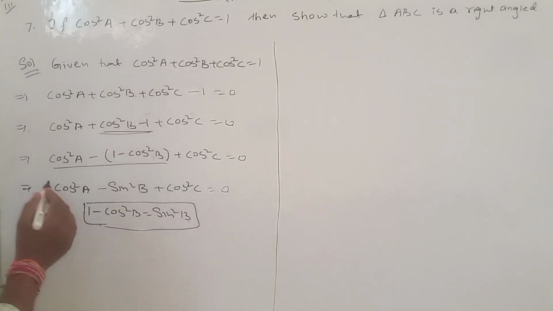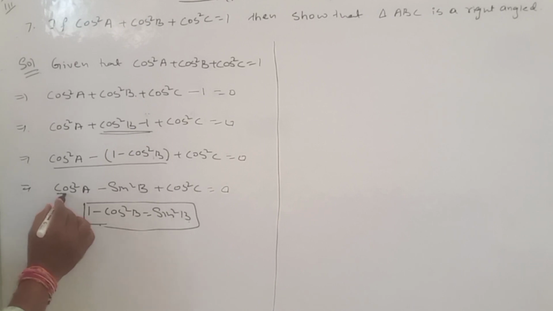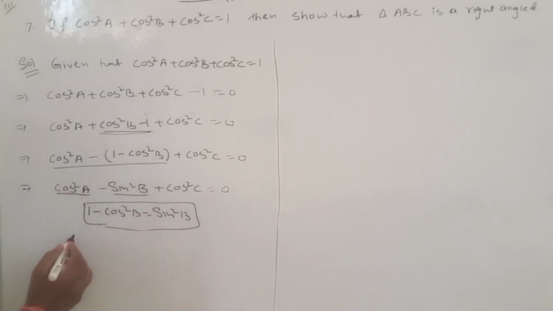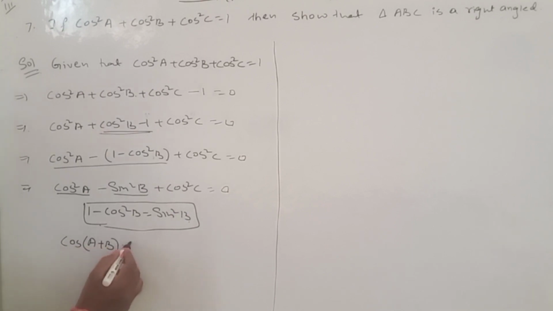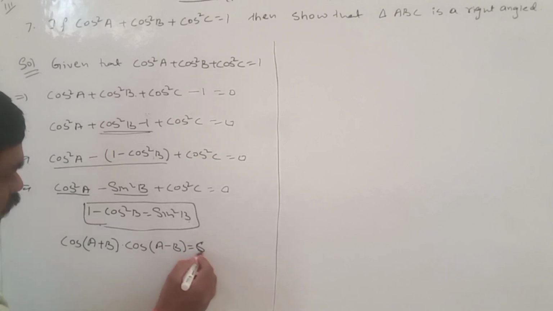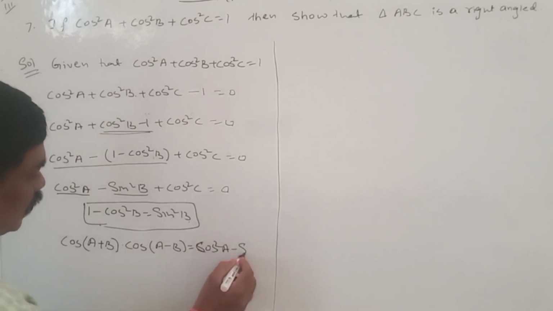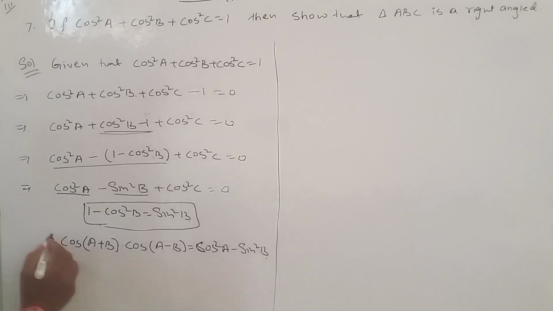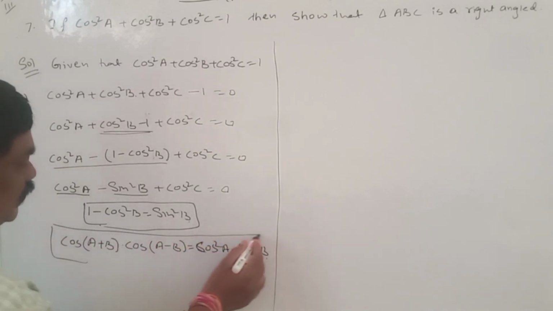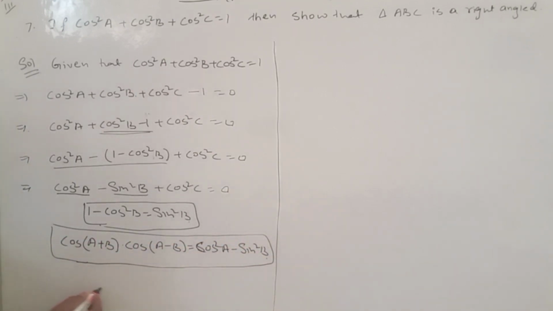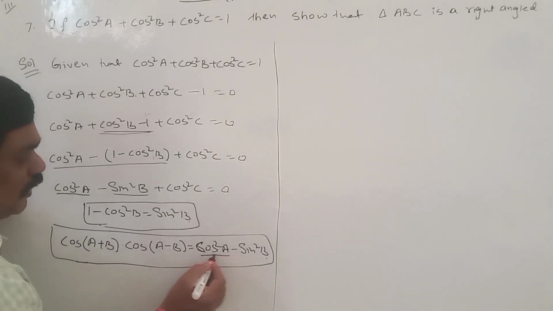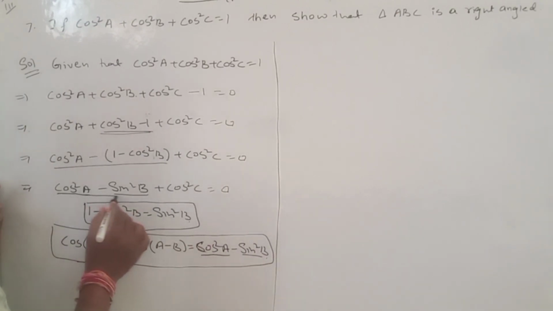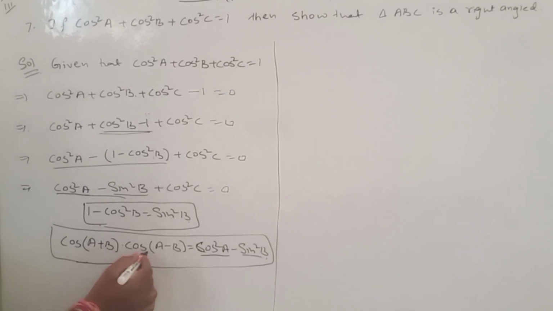We observe this is cos square A minus sin square B. We know that cos of A plus B into cos of A minus B is equal to cos square A minus sin square B, a formula. By using this formula, instead of cos square A minus sin square B, we substitute cos of A plus B into cos of A minus B.